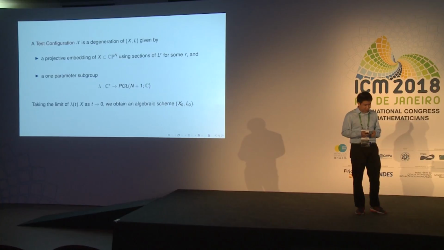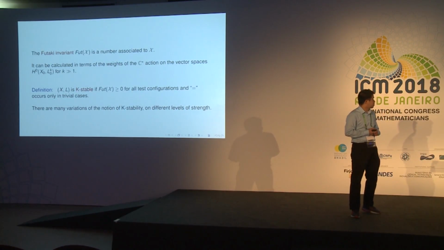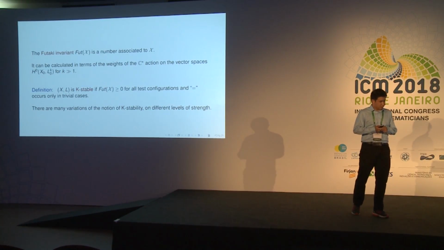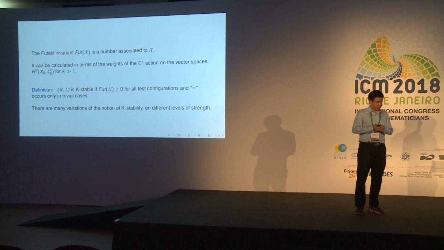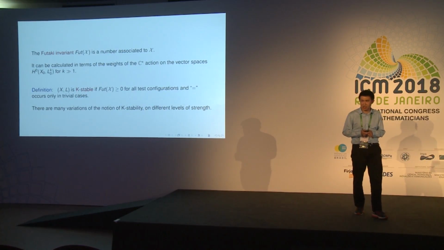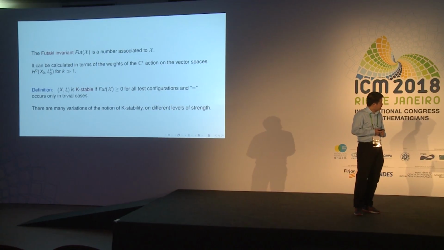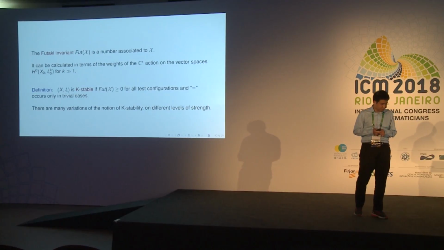For any test configuration, one can associate a number, the Futaki invariant. This is something that can be computed algebraically just in terms of the C* action on the limit scheme X0 and the corresponding line bundle L0.